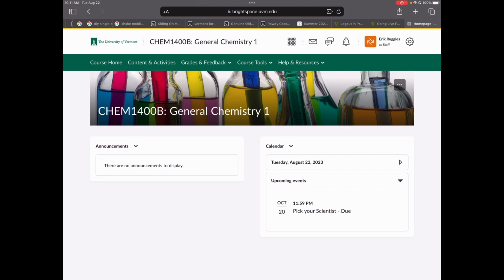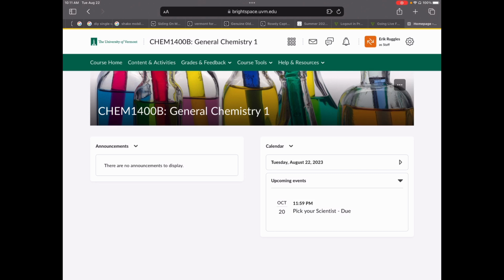When we log in to Brightspace, we should come to a page that looks similar to this. Yours might look a little bit different since I'm running this as a staff member, and even my account would look much different. So I'm trying to get it as close as I think to what you would be seeing.